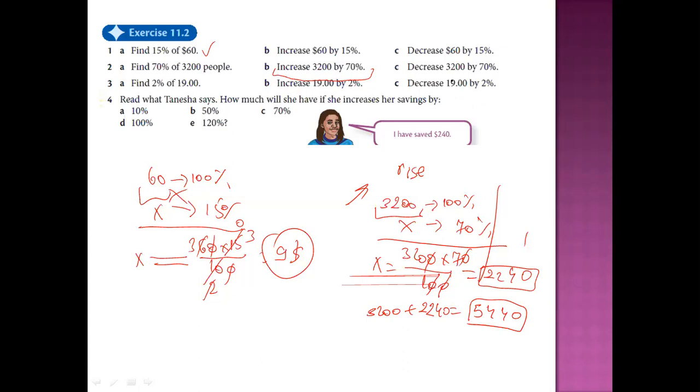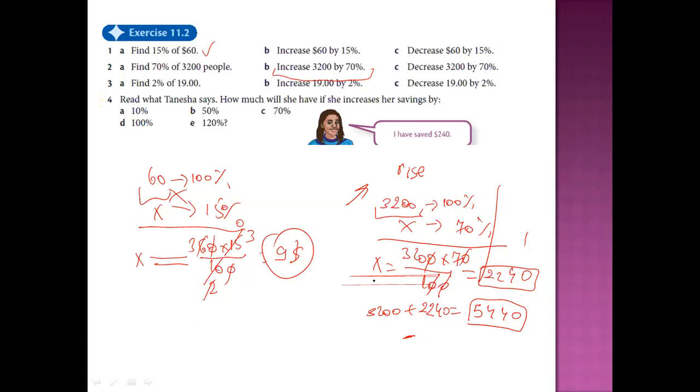And what's the decrease of 3,200 by 70%? If you decrease, you can use of course the operation of subtraction. The same value, 3,200 minus the 70% of this number, which is 2,240, is equal to the 70% decrease.